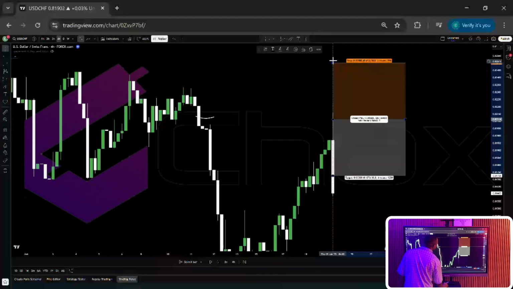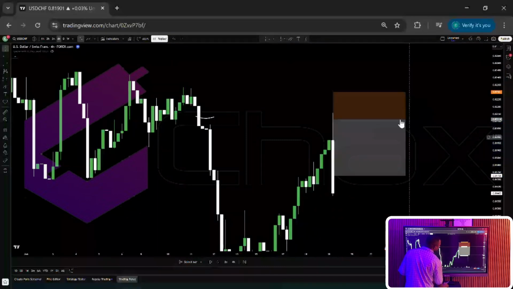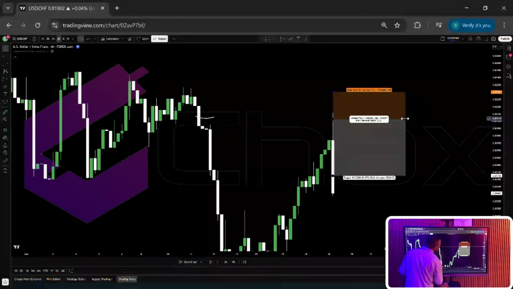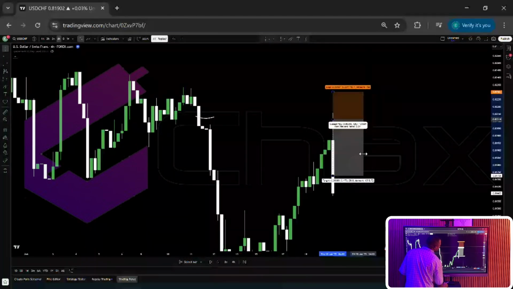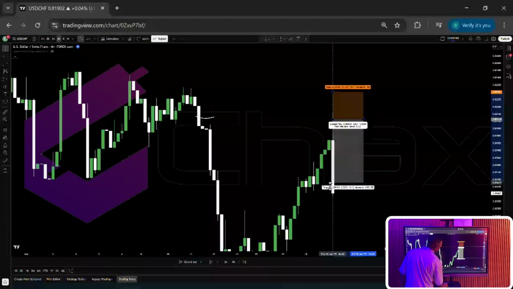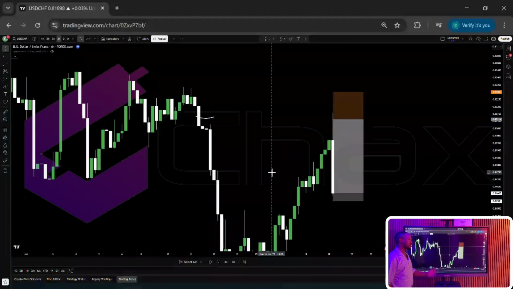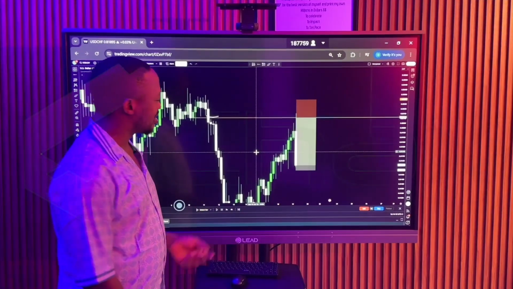It's this simple. Stop loss just above the candle that created the imbalance. And then boom, 1 to 3, 1 to whatever you find, depending on your own risk appetite. And then boom, we made money from here. It's just this simple. Within the space of 3 hours, we already did 3 hours.